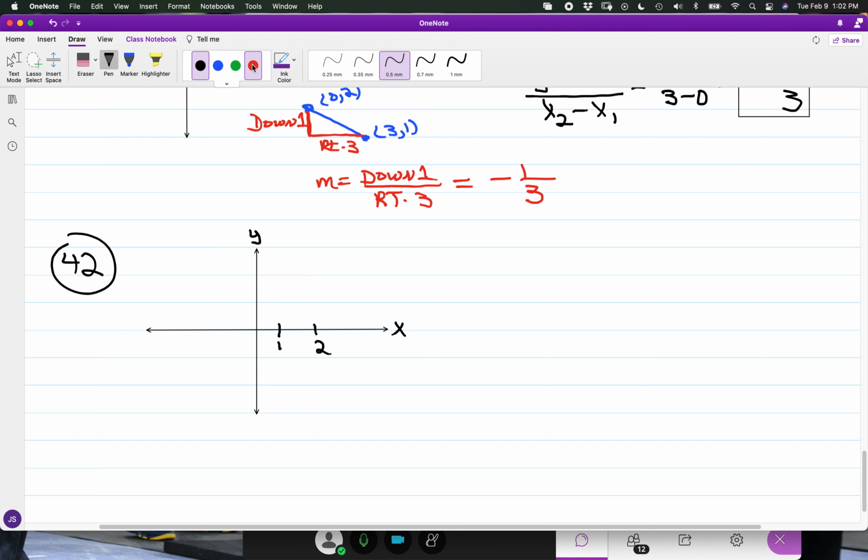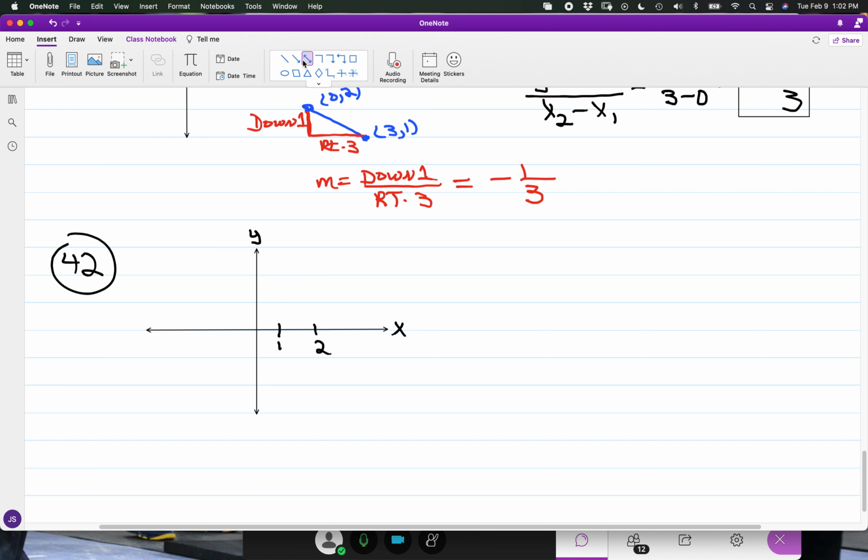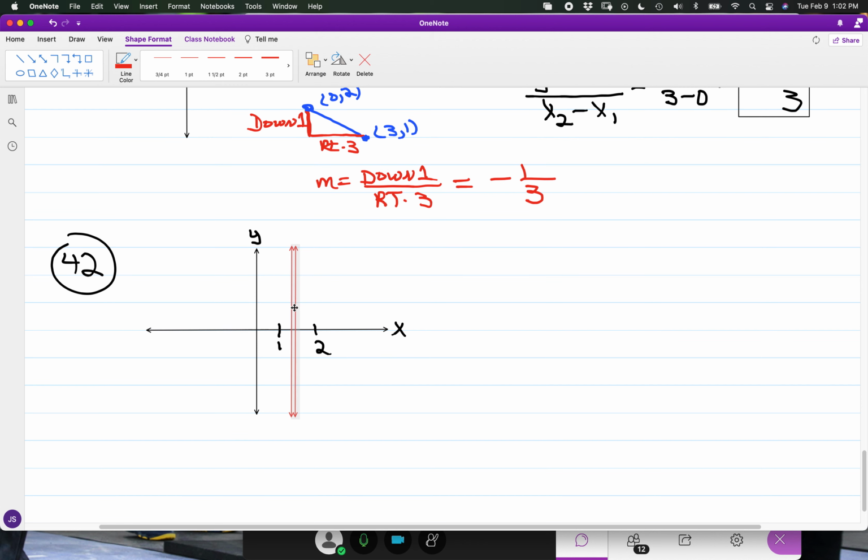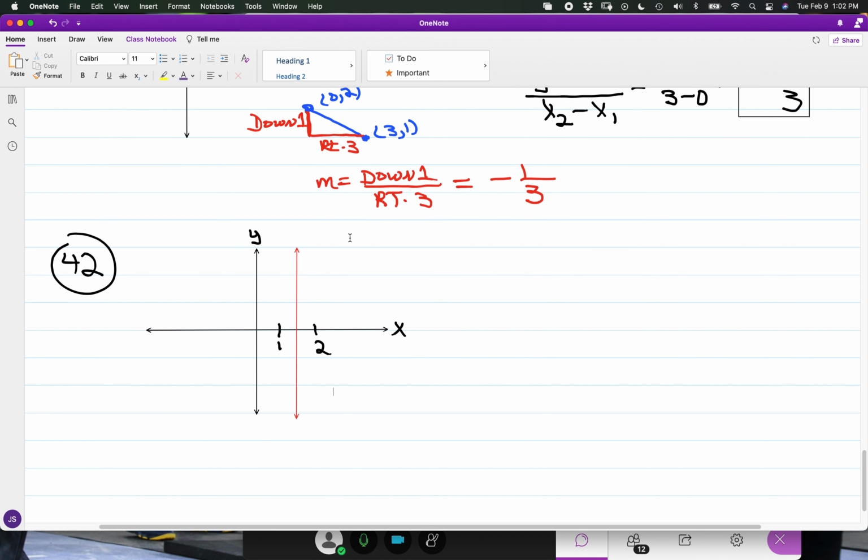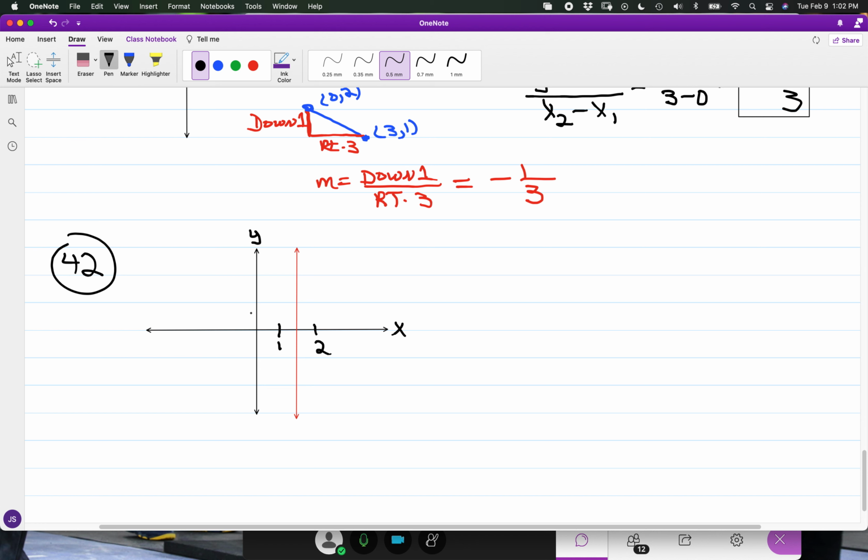And this line we're going to have running straight up and down. And what you could do is, just knowing that the line is vertical, you could go ahead and arrive at the slope.